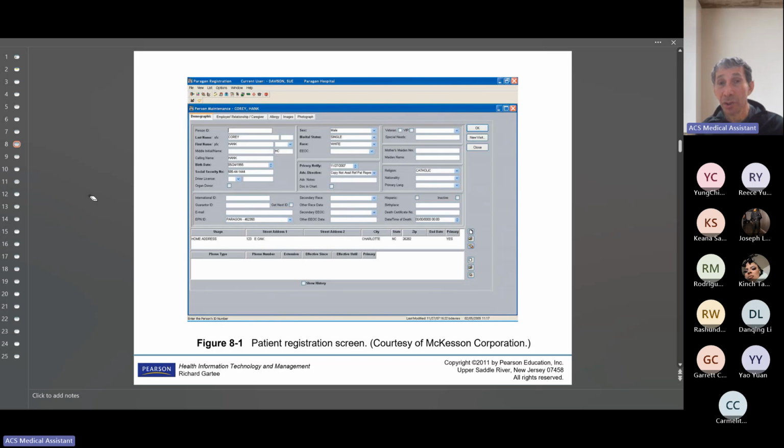Anything changed? Your insurance, have they changed? Do you have a secondary insurance? All these things are important when we have information. And we have to update the information every single time. If there is some changes, we have to make those changes. So that's basically what it is.